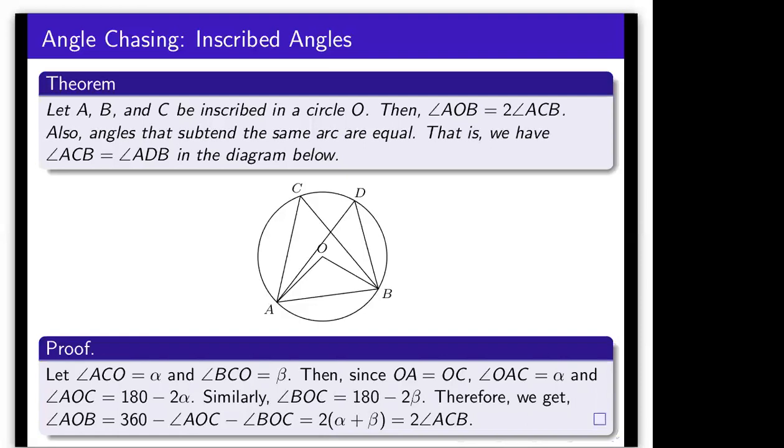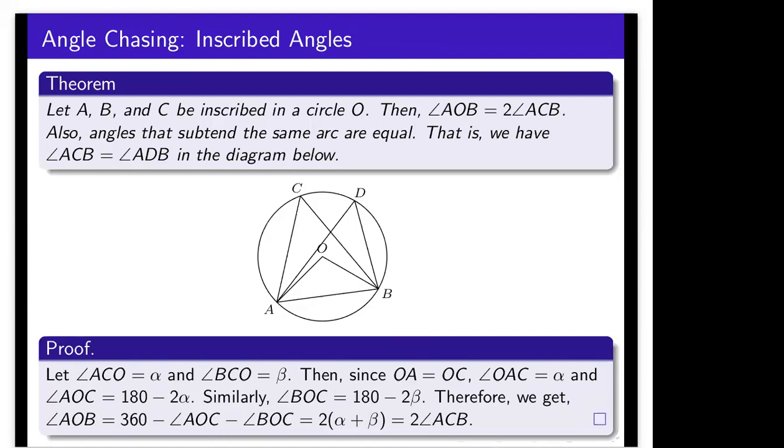So AOB is 360 minus AOC minus BOC. Evaluating in terms of alpha and beta, we just get 2 times alpha plus beta. Remember that alpha and beta add up to angle ACB, so angle AOB is 2 times angle ACB.